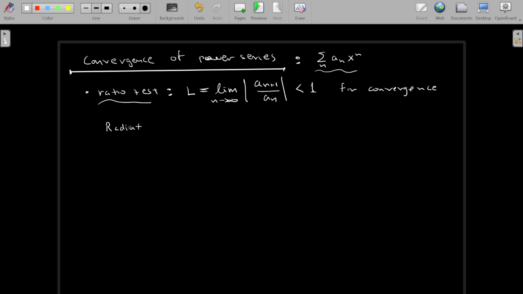The radius of convergence, which we said we denote as R, is written as the reciprocal of L. And this can take three values. If L is 0, that means that R goes to infinity, meaning that the series converges everywhere.